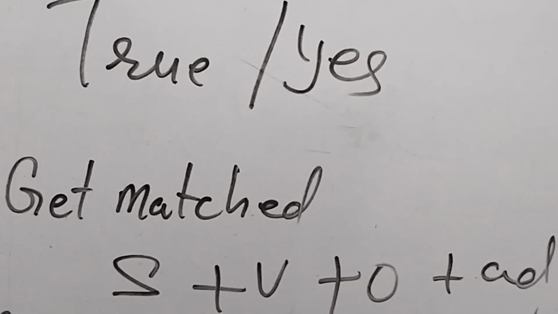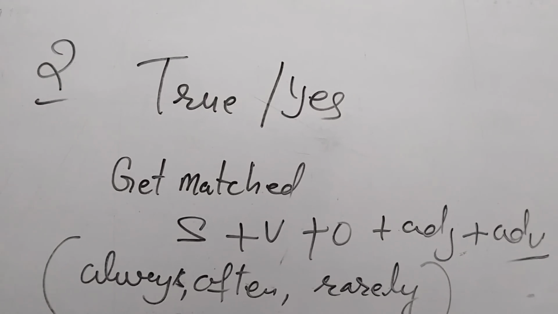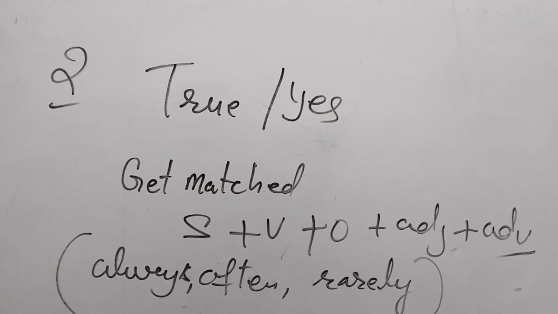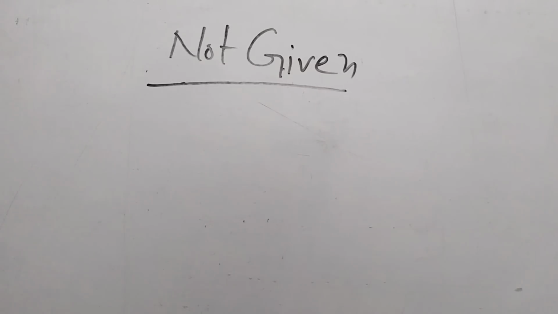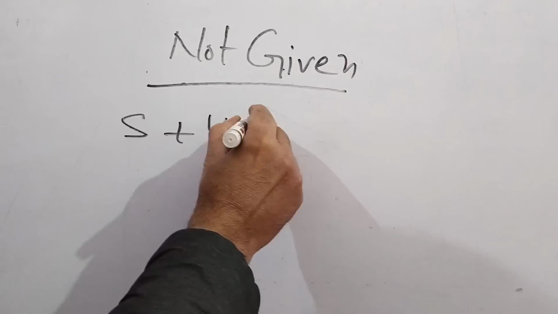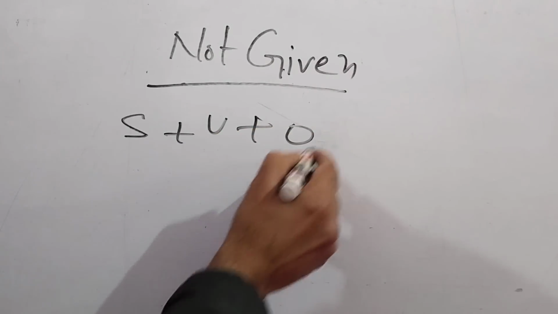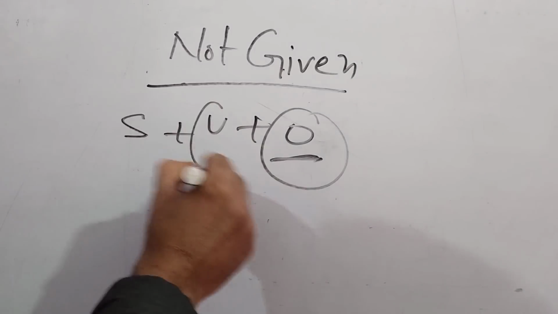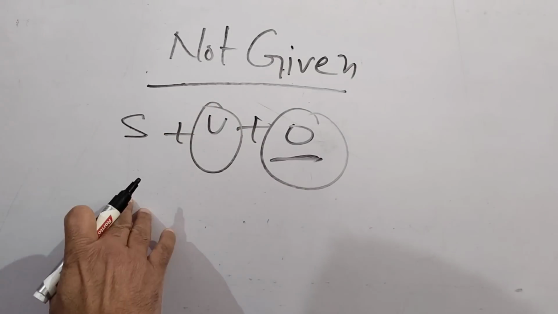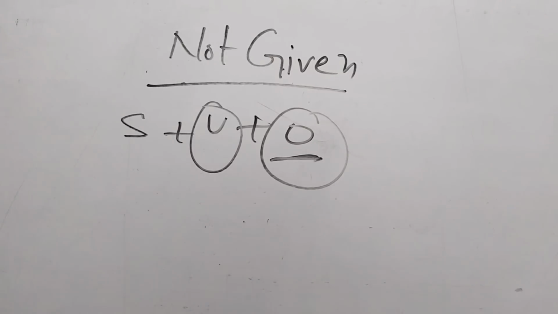I will show you the words. Now you can see always, often, rarely, quite often, frequently, all, none, mostly. They are all the words that change the meaning of the statement. In case of not given, for example, subject, verb, object, if either this part is not there or that part is not there, any one part is missing, in that case it is not given.